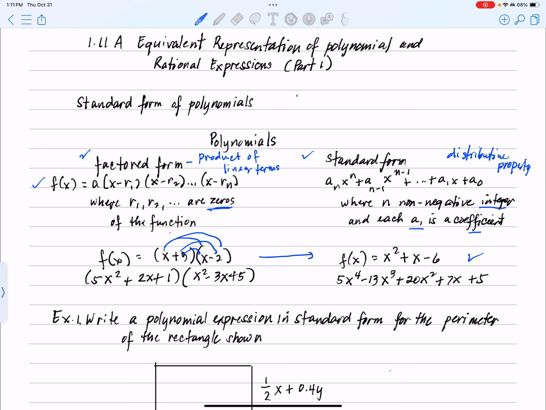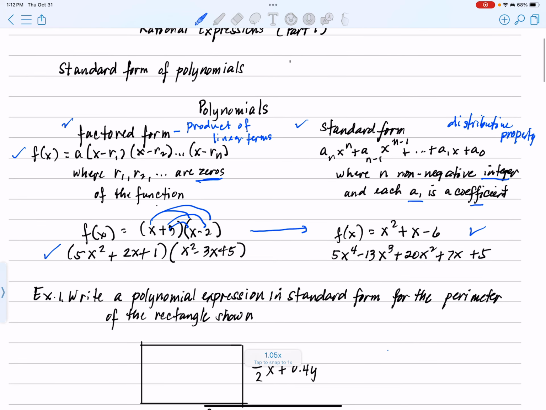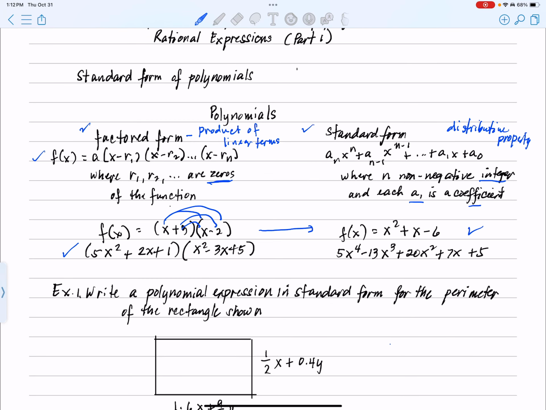If you are given a polynomial times a trinomial, three terms like this, 5x squared plus 2x plus 1 times x squared minus 3x plus 5, it will take some time to do the distributive property.